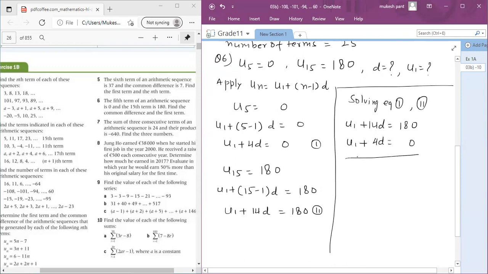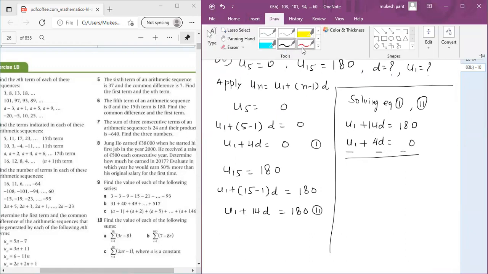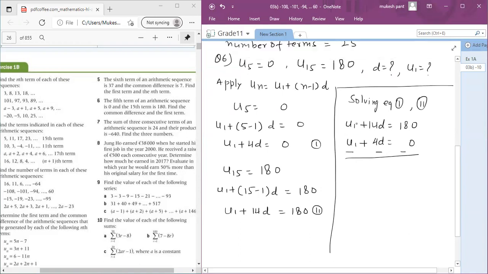Now subtract this and this. The plus u1 and minus u1 cancel. So we have 14 minus 4 is 10, so 10d equals 180. So d equals 180 over 10, which is 18. So the common difference is 18.